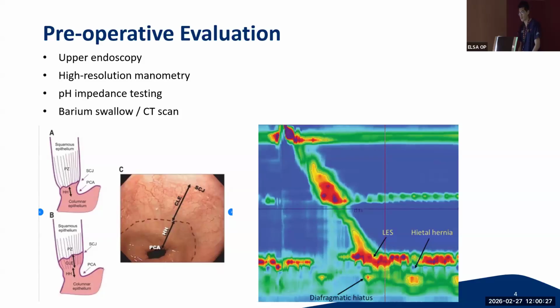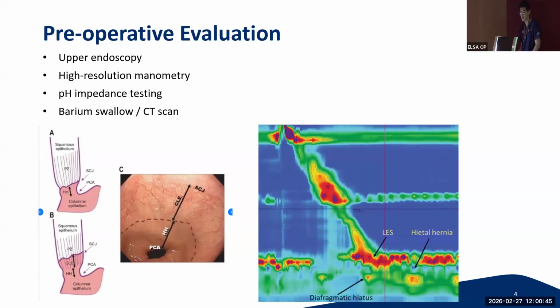High resolution manometry and pH impedance testing is not really always indicated for hiatus hernia repairs. In patients with very bad esophagitis or big hiatus hernias with very classical reflux symptoms, you should probably repair them without this testing.